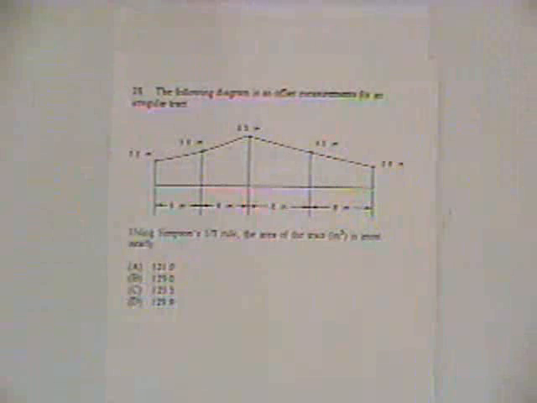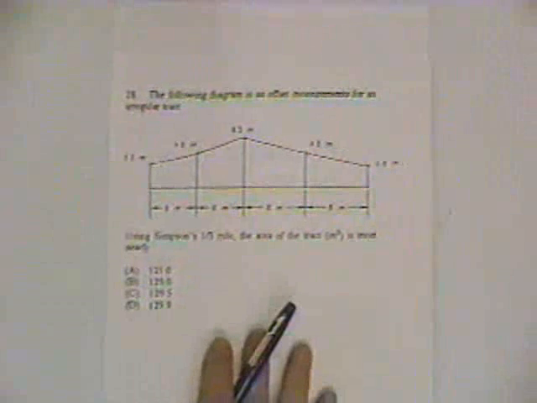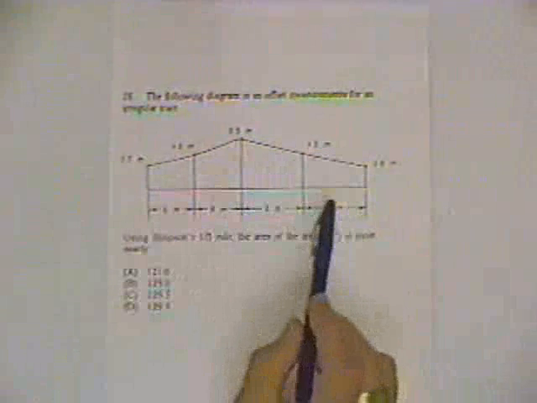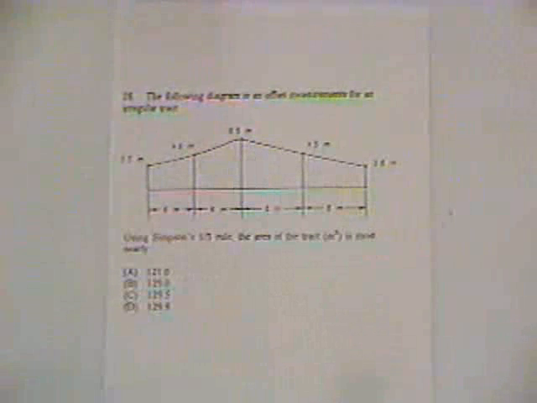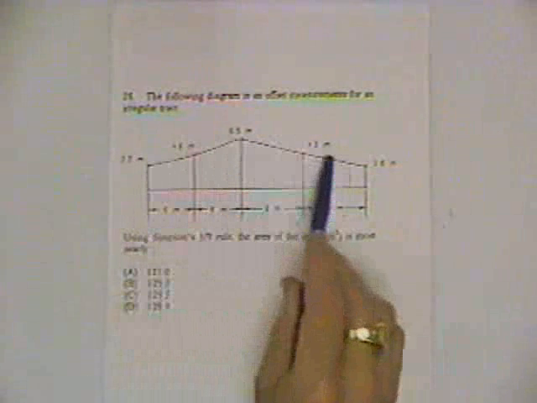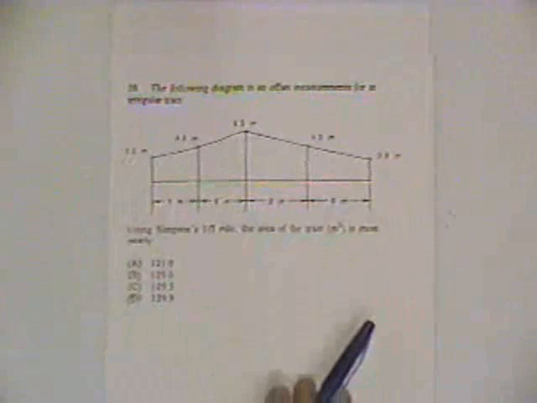Here's an example of another problem that would require you to use Simpson's Rule. This is a problem in which you have an irregular tract of land, and the problem specifies that you need to determine the area of the tract, so in effect you're calculating the area under that curve.